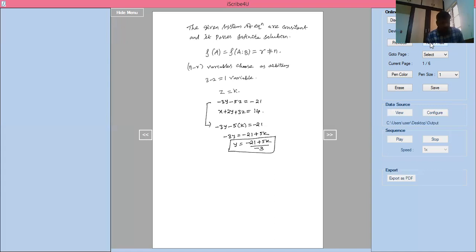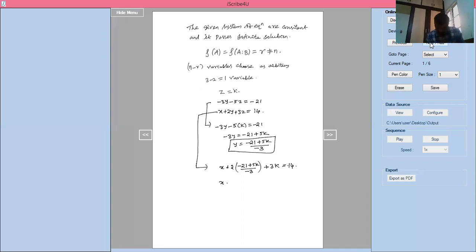Next, similarly, once I find the value of y, I can substitute this value of y in that equation. We'll put this in this equation and I'll get x and y values. X plus 2 into minus 21 plus 5k divided by minus 3, plus 3 into z. 3 into z value should be 3k, equal to 14. Now I can simplify this. X plus, we have to take LCM and simplify this.